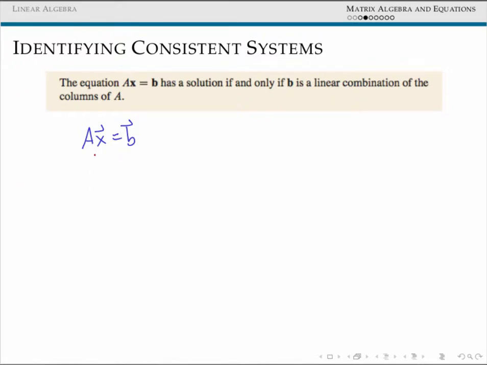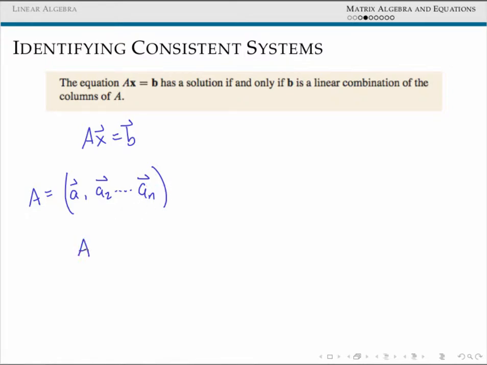Just looking back at our definition of what this meant, we had our matrix A equal to a matrix made up of vectors corresponding to our columns in this matrix.